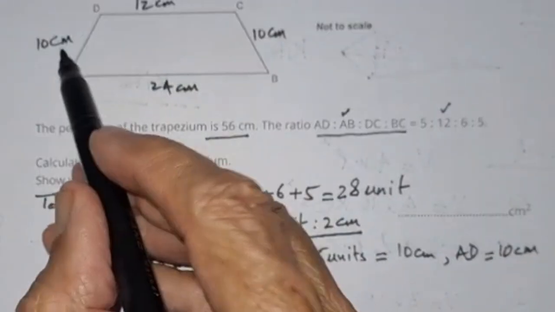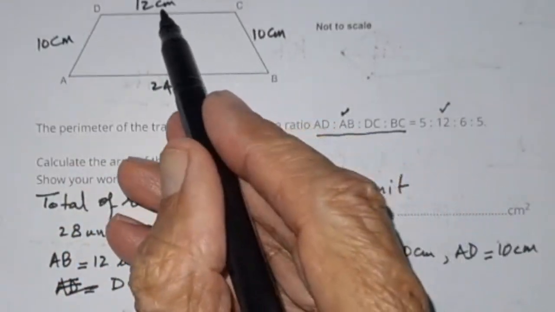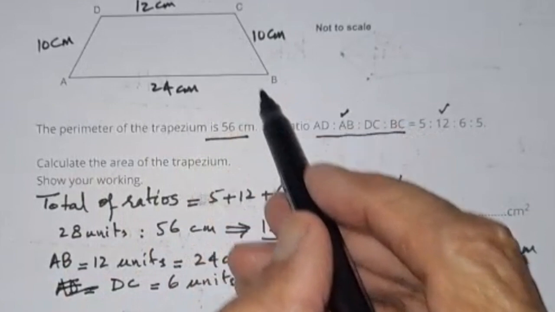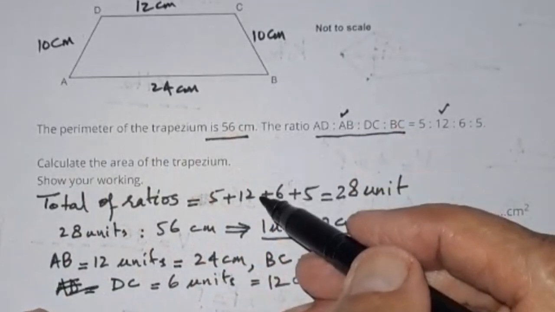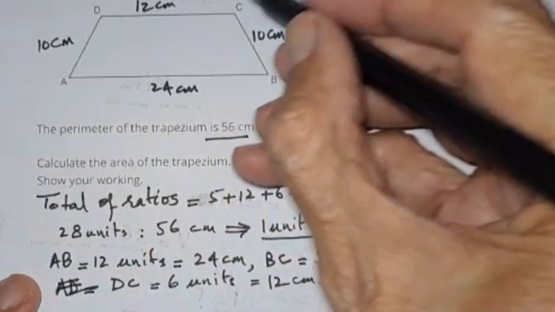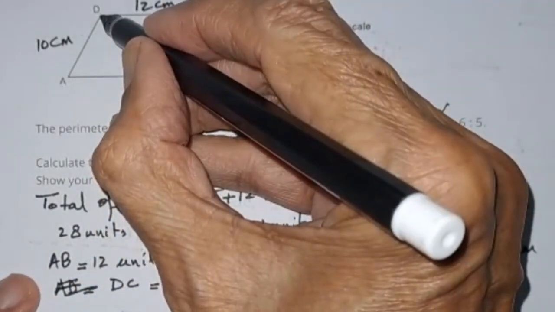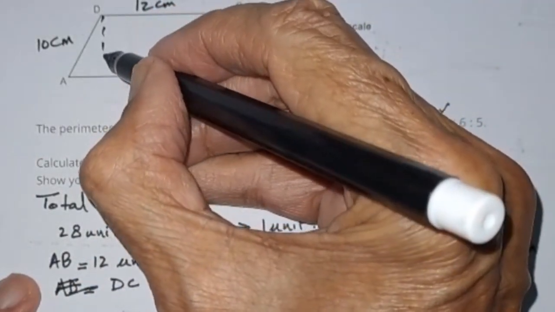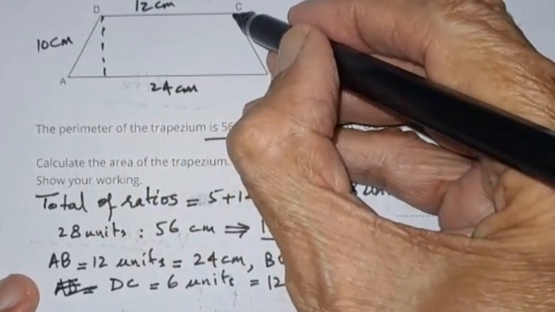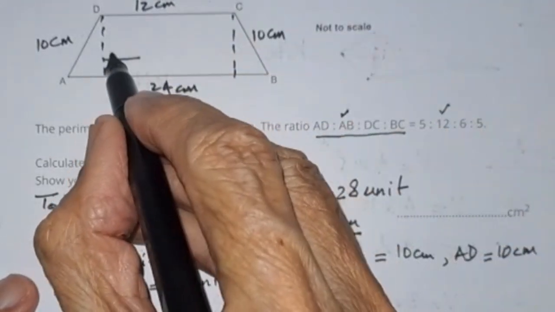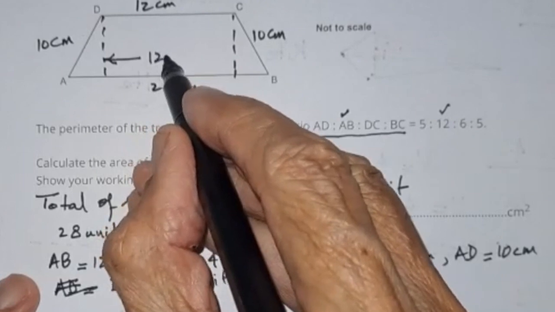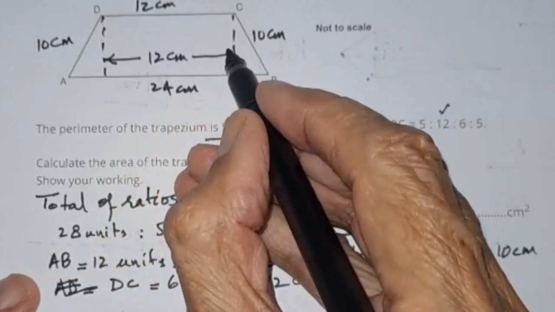Now when we look at this and this side is equal, that means this is a kind of a trapezium in which if we drop perpendicular from here and we drop perpendicular from here, then this distance is going to be 12 centimeter.